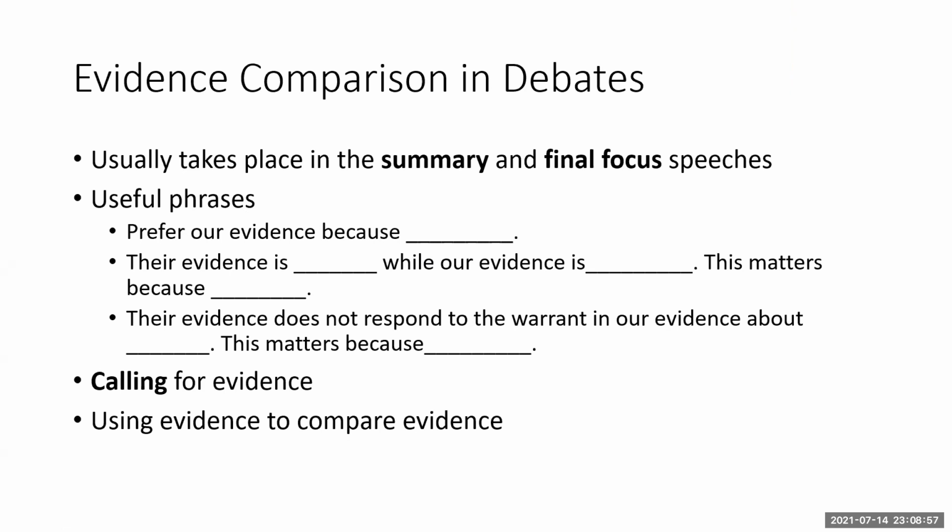Where in our activity we said their six of hearts argument is wrong because jack of clubs, instead we would say something like their argument is worse than our argument because their argument uses a small set of data, whereas our argument uses a large set of data. That matters because their findings might be a fluke or a statistical anomaly, whereas our findings are unlikely to be that because of how much data we have, for example, or any of those other issues or comparisons that I just went over.